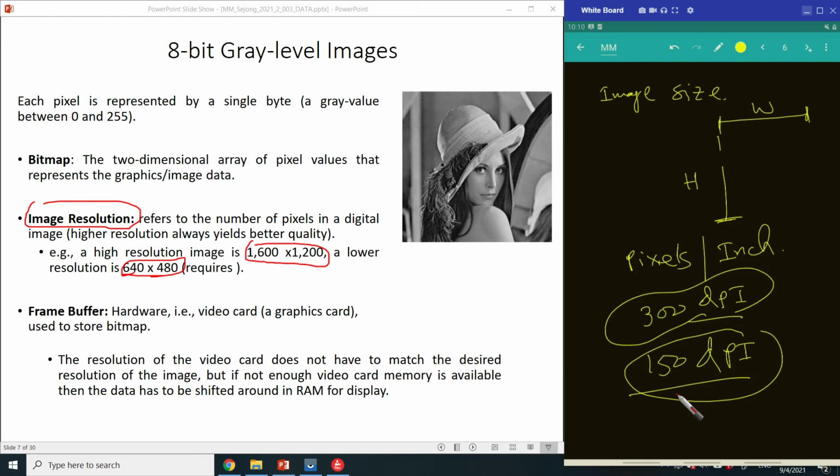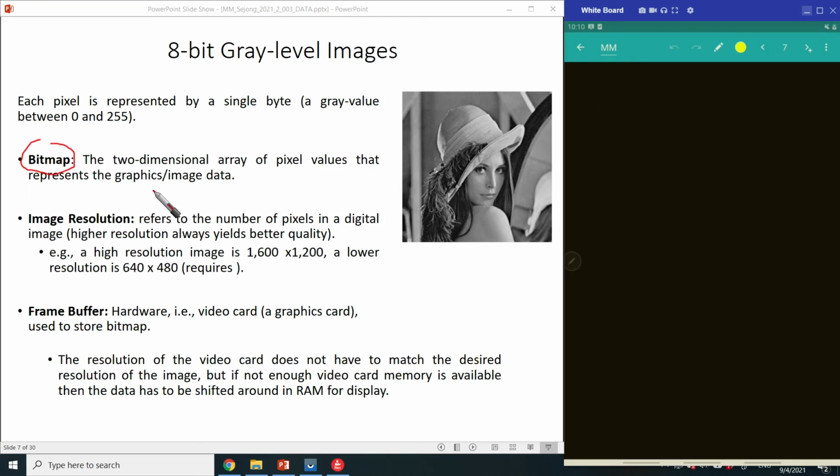Okay, that's good. Now there is another terminology we use: bitmap. What is a bitmap? A bitmap is exactly what we have discussed so far: an image is basically an array of two-dimensional numbers.